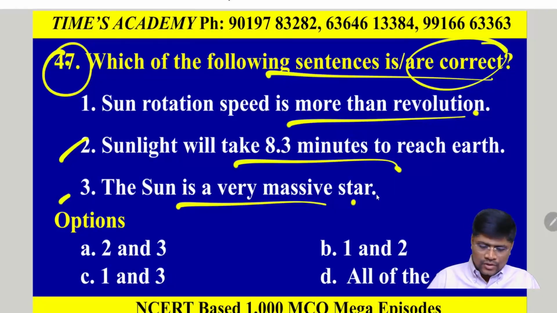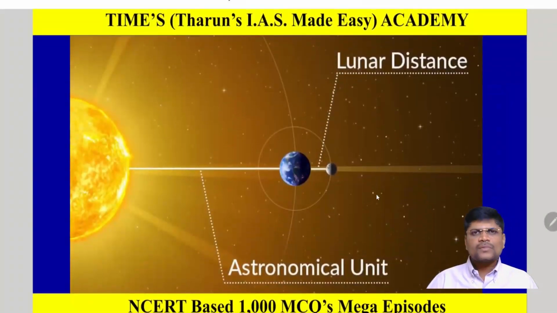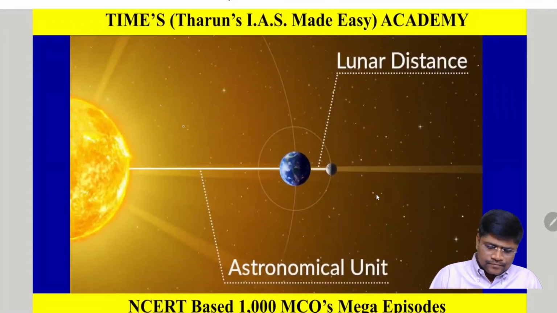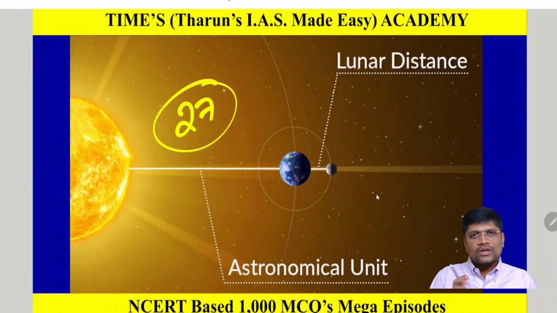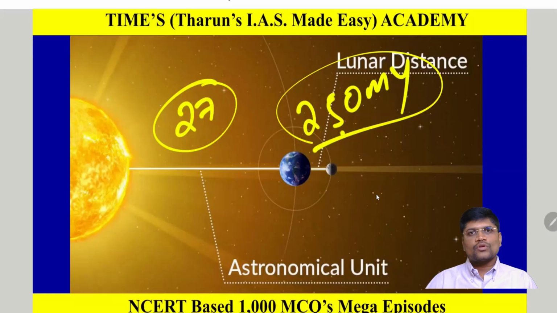Okay, so let's see. What is the rotation speed of the Sun, and the revolution speed of the Sun? We know that the Sun takes about 27 days for one complete rotation on its own axis, and it is 250 million years for one revolution, or one cosmic year. 250 million years is the time taken by the Sun or the solar system to complete one revolution around the Milky Way galaxy.